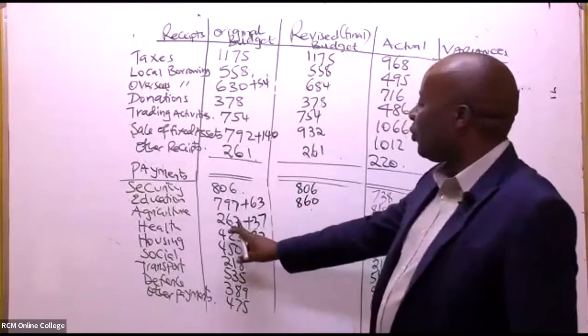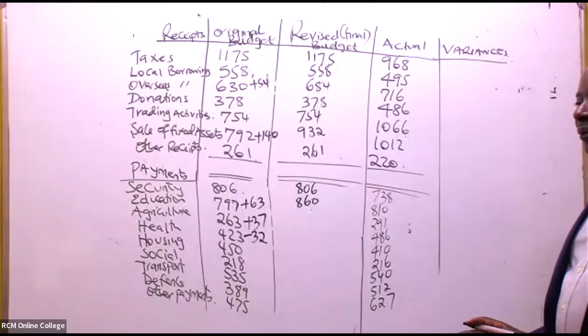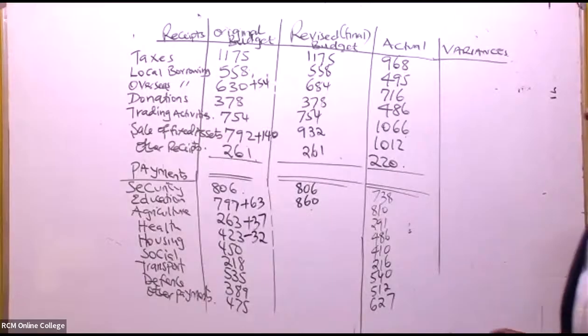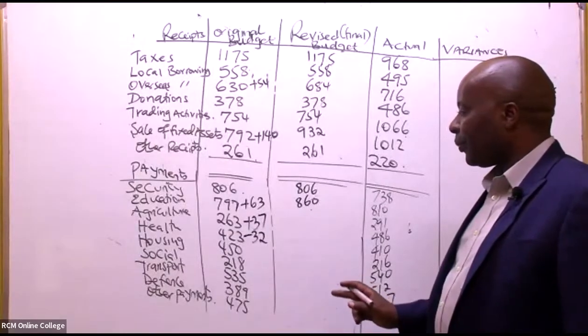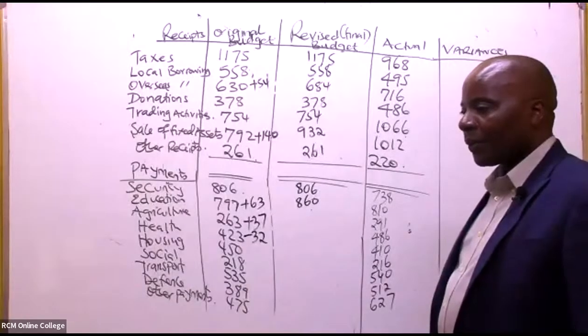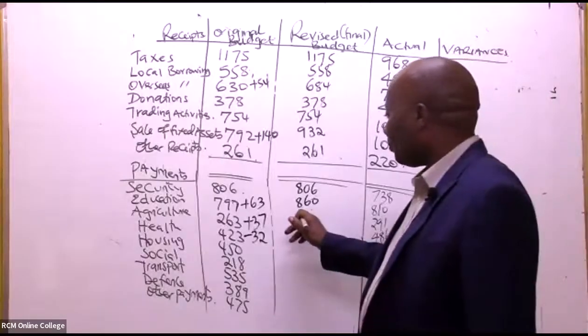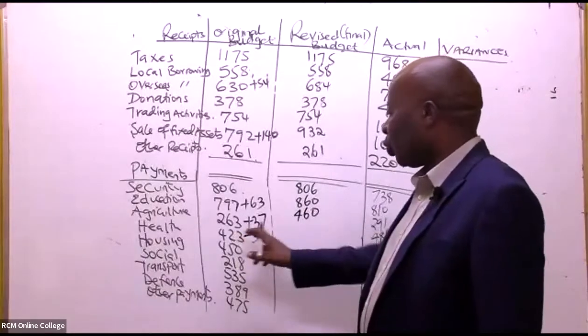Thank you. And then we have 263 plus 37. I'm waiting. 460. Thank you so much. How about 423 minus 32?